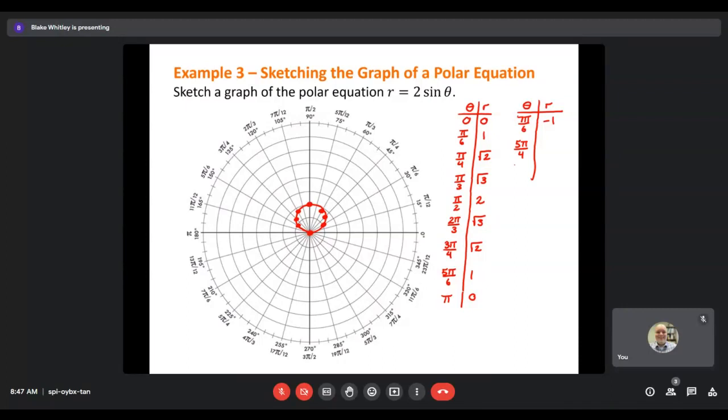Again, sine is negative in that quadrant, so we're going to get negative square root of 2 over 2 times 2, which is negative square root of 2. 4 pi over 3. Again, we're going to get a negative value, so we're going to get negative square root of 3. And then at 3 pi over 2, we should get negative 2.